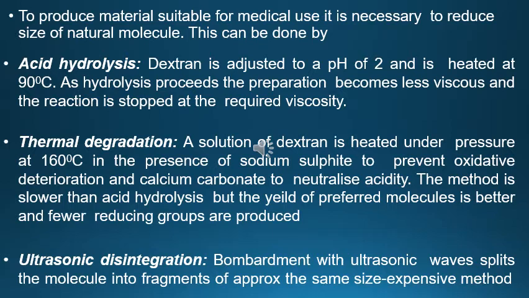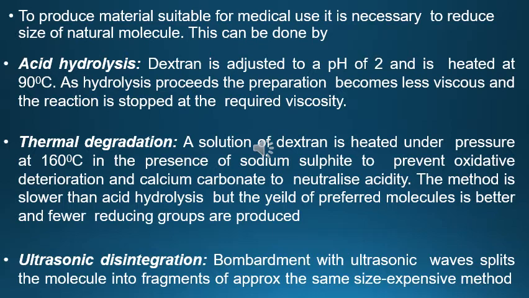Sodium sulfite is used to prevent oxidative deterioration, and calcium carbonate is also present, which helps in neutralizing the acidity. The method is slower than acid hydrolysis, but whatever is the yield is of the preferred molecule, and with fewer reducing groups, that is the fructose.